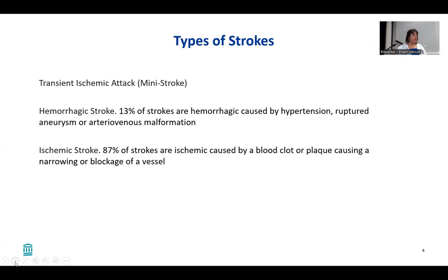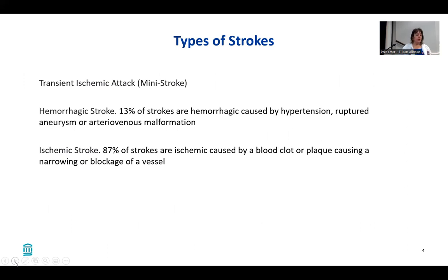I'm going to talk about 3 types of stroke today. The transient ischemic attack, which a lot of lay people refer to as mini strokes. Hemorrhagic strokes, which account for 13% of strokes, and the ischemic stroke, which account for 87%.